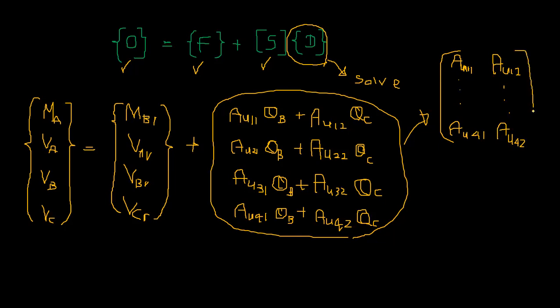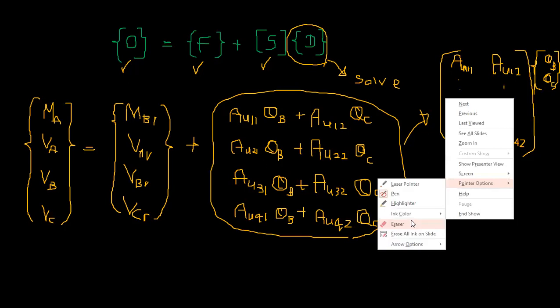This is also an action unit matrix. So that's why I use square brackets. Here I need to find the curly brackets. Why? This is dependent on the external loading. So what is this actually?